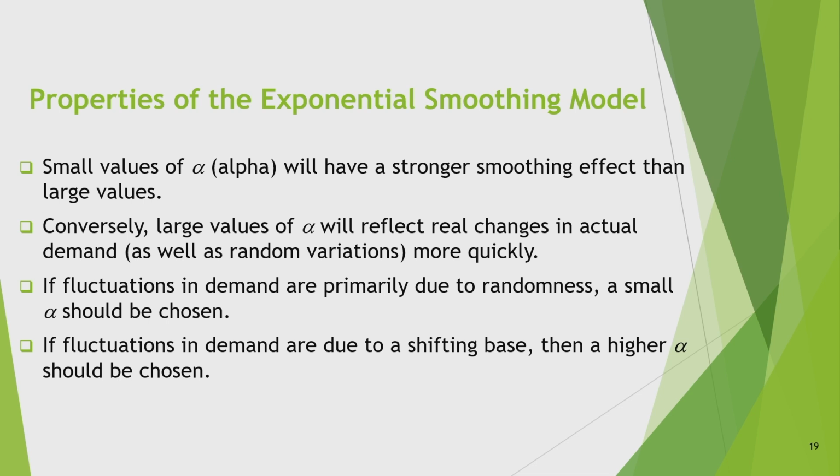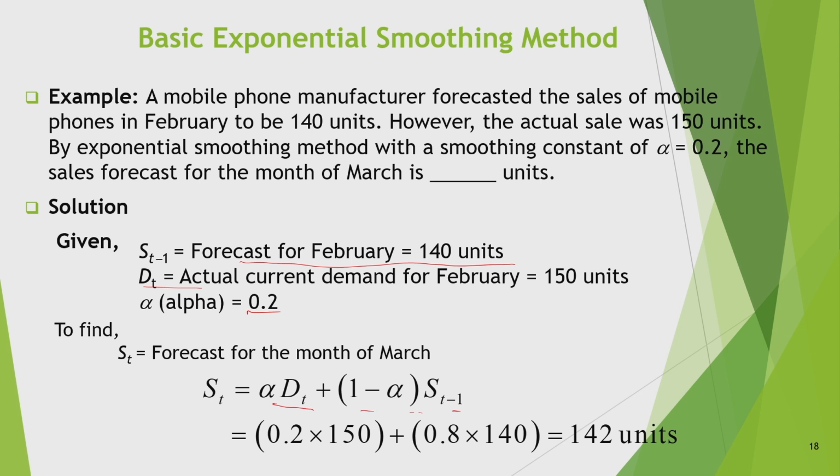So, if you take small values of alpha, it will have a stronger smoothing effect than large values. That means demand will be more or less non-fluctuating, because I took alpha equal to 0.2 only. My earlier forecast was 140, now it is 142 only, although the sale was 150.